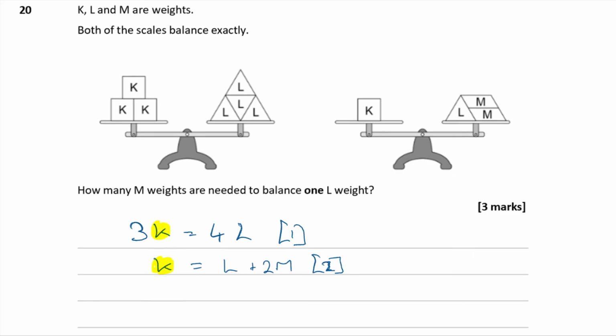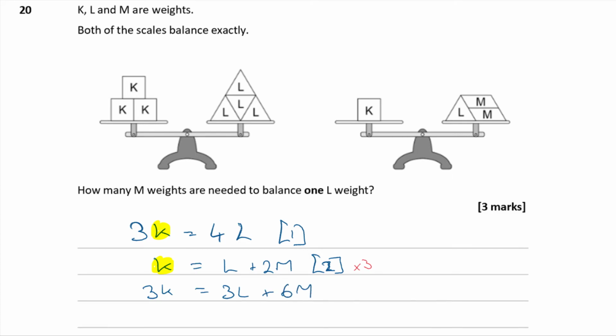If I can make the second one match with the first one, if I get 3K on the end, I can plug the other ends together. So if I take equation 2 and multiply up by a factor of 3 first, that gives me 3K equals 3L plus 6M.